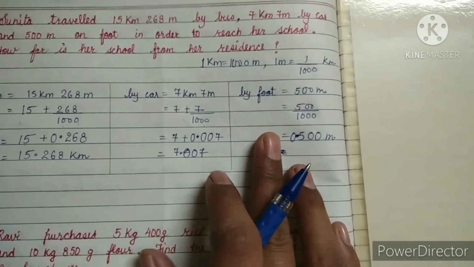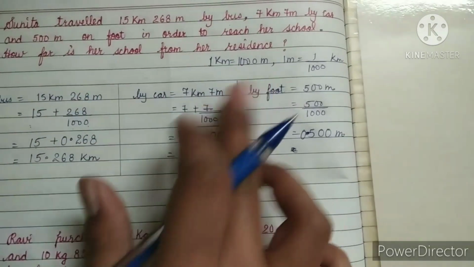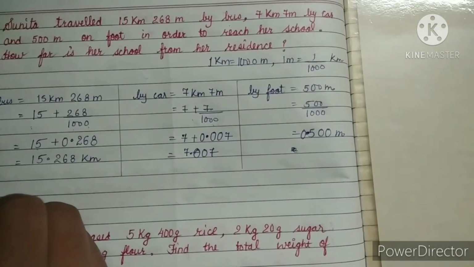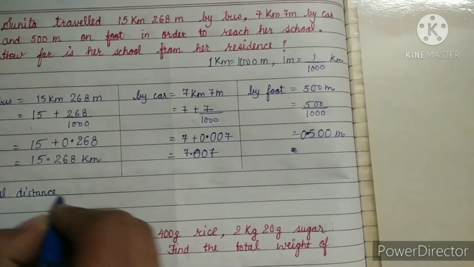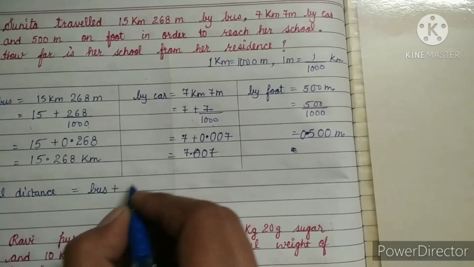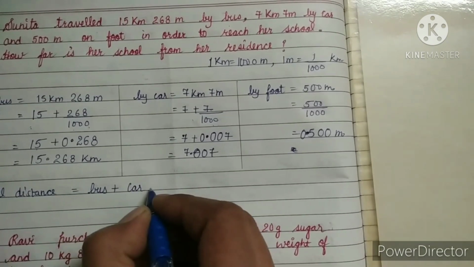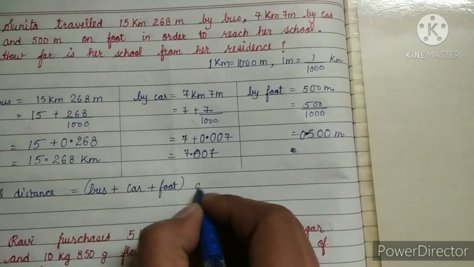Now what we have to find? We have to find the total distance from her residence to her school. So for the total distance we will add bus, car plus foot distance.